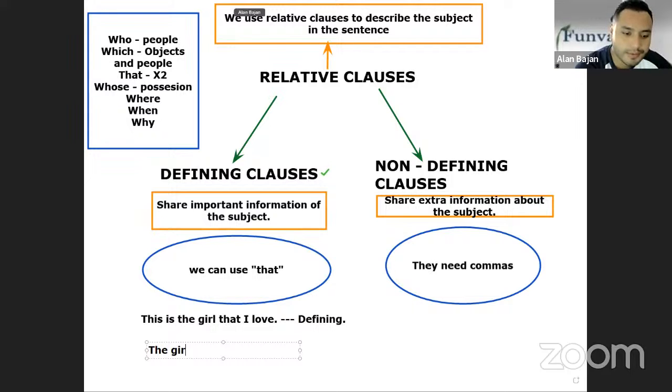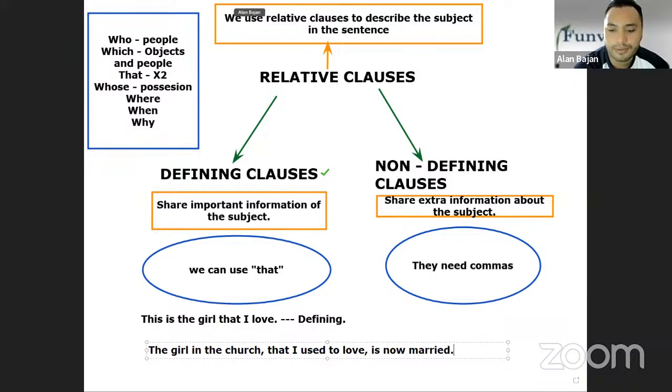The girl in the church that I used to love is now married.